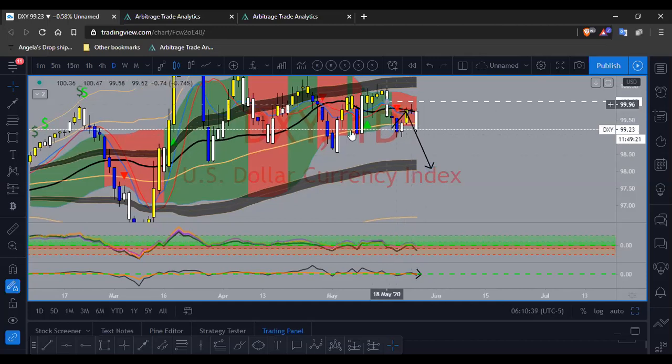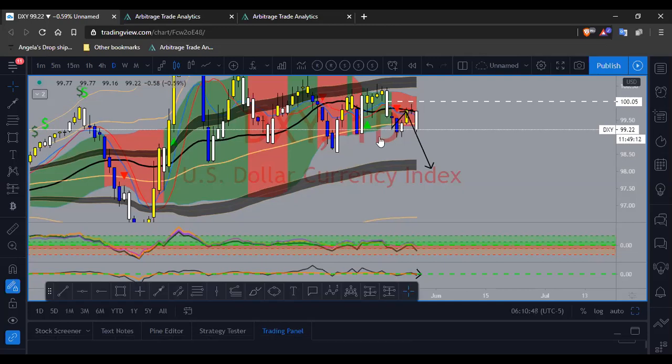It's been doing that, but now price is at this mean line, where it could either A, reject off of it and go back up, or B, break through it and continue to fall, which I want the latter to happen.